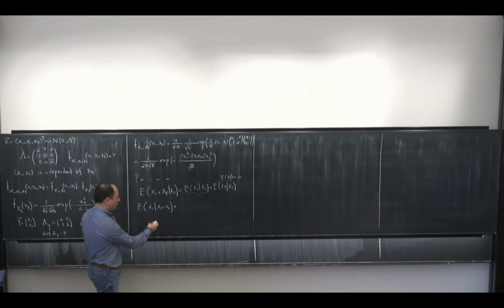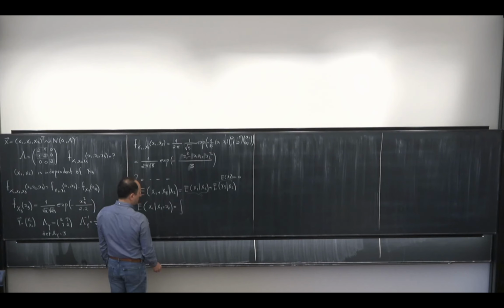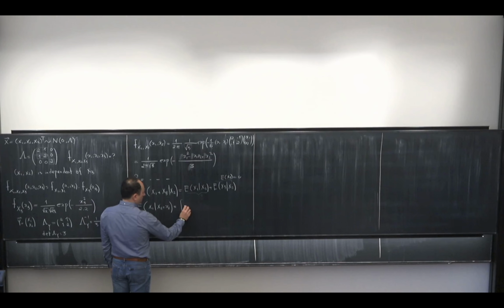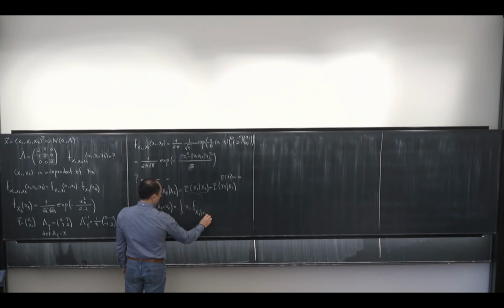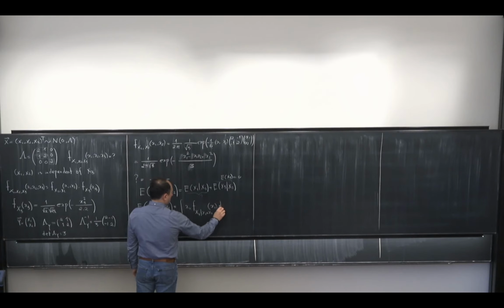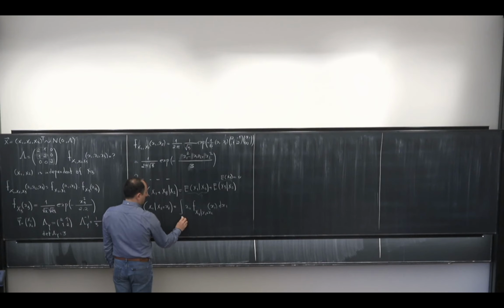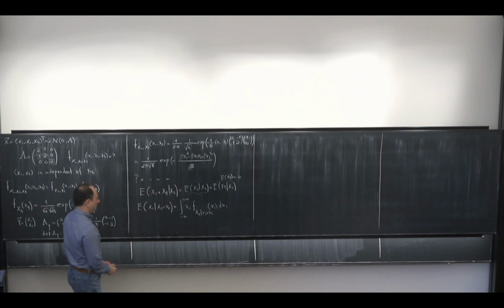Yes? So how should I write this? It becomes the integral of x1, but I have to write the probability distribution of x1 given x2, f of x1 given x2, dx1, and then x1 goes from minus infinity to infinity. Yes?